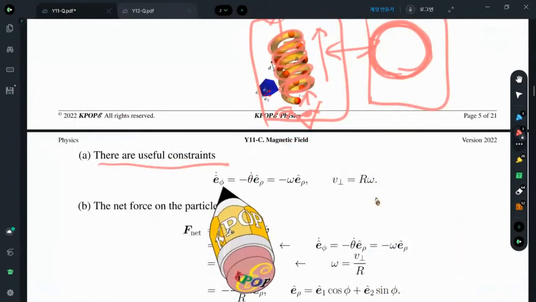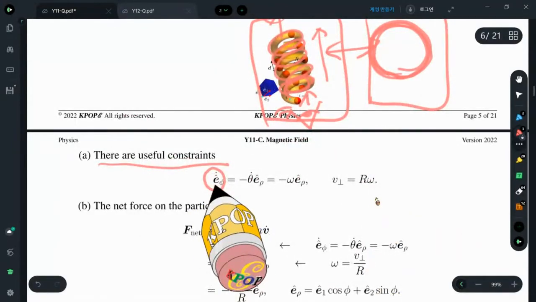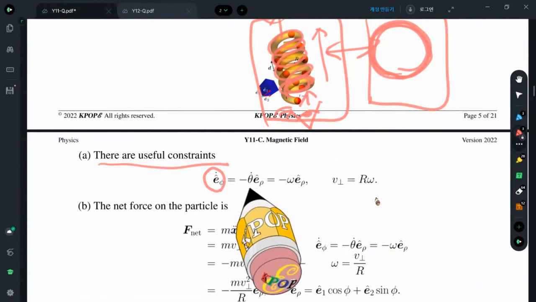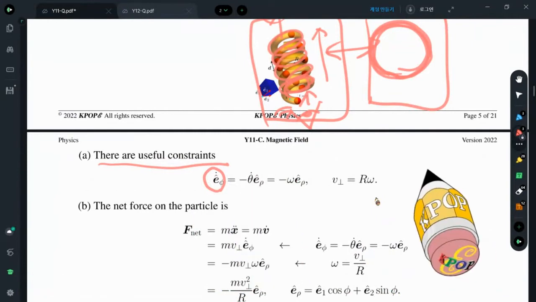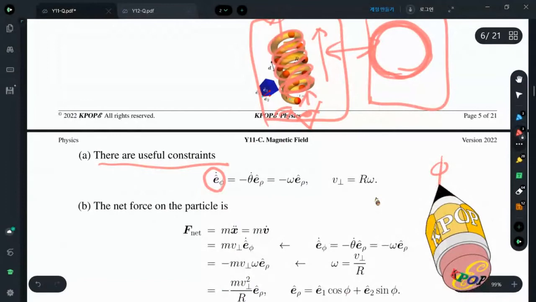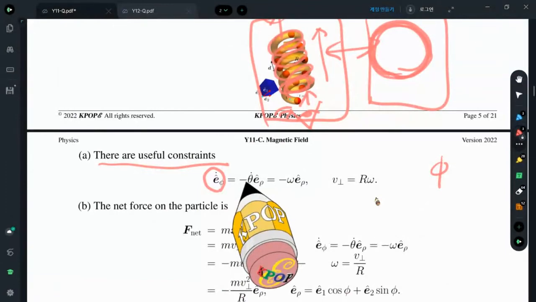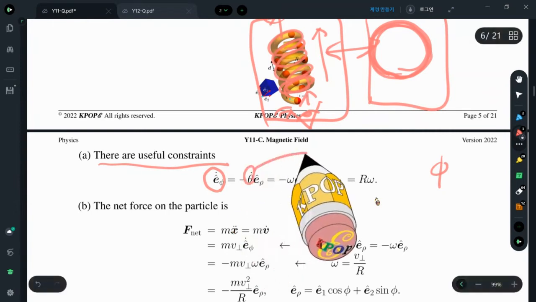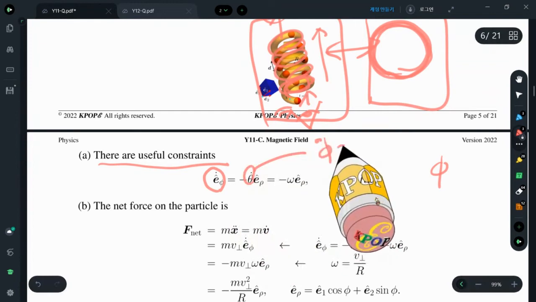Because of that, phi dot, the time derivative, should be omega.